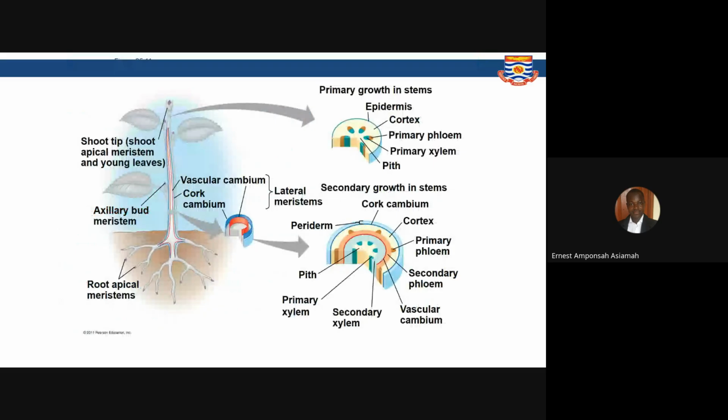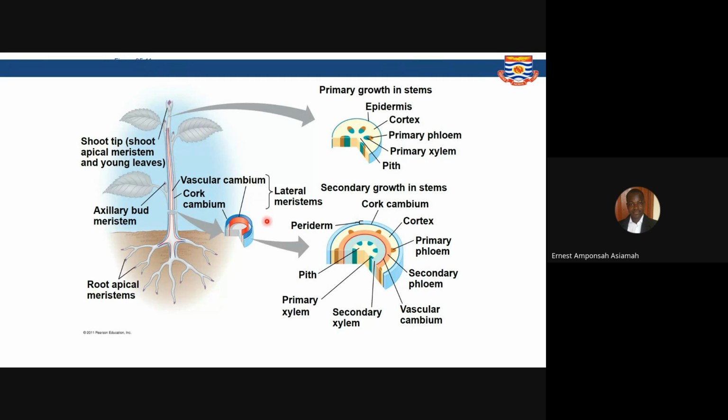There's an illustration of the location of the meristems. You have the meristems in the axillary bud, at the shoot tip, and at the root tips, and they are the apical meristems. They are going to help in the primary growth, that is, the plant growing taller.